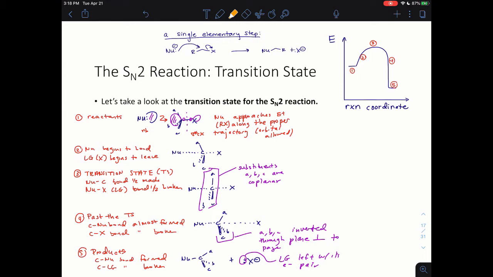Let's take a look now at species 2. When we get to species 2, the bond between the nucleophile and carbon is just starting to form, and the bond between the leaving group and carbon is just starting to break, and that's indicated by that dotted line.